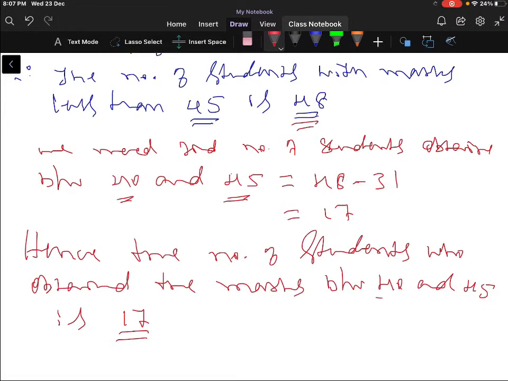There are 17 students who obtained the marks between 40 and 45.